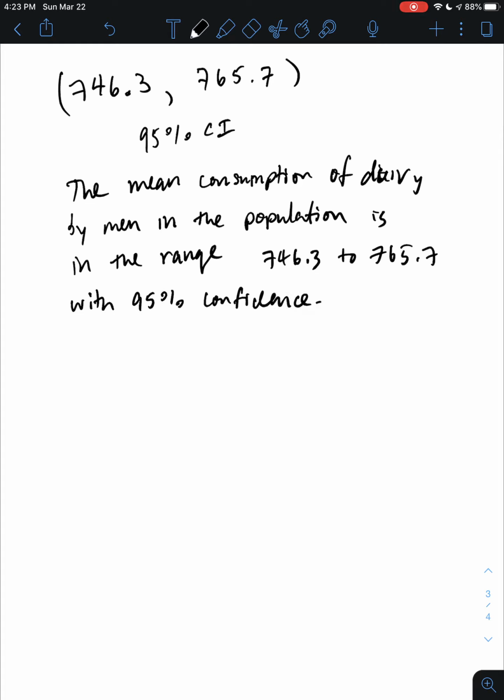Another way of saying that would be 19 times out of 20.